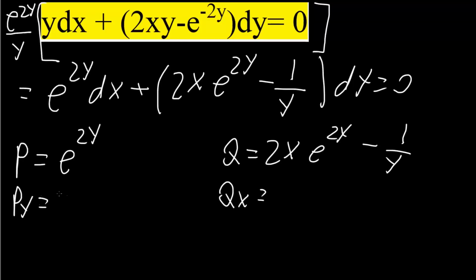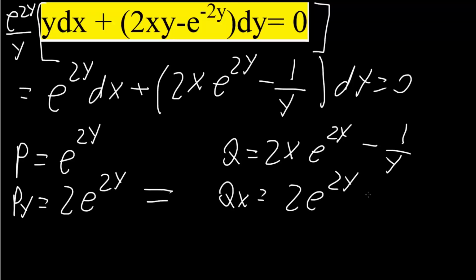So the partial derivative of p in terms of y would be 2e raised to 2y. The partial derivative of qx would be 2e raised to 2y. The other term would become 0. And since they are equal, it's now exact. So we can do what we normally do for exact equations.